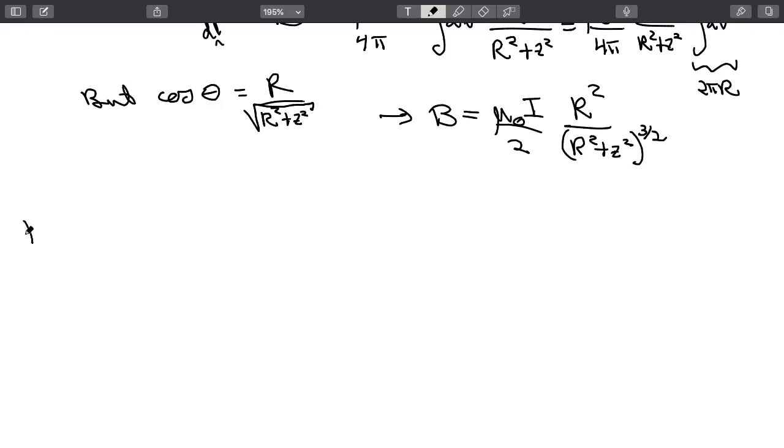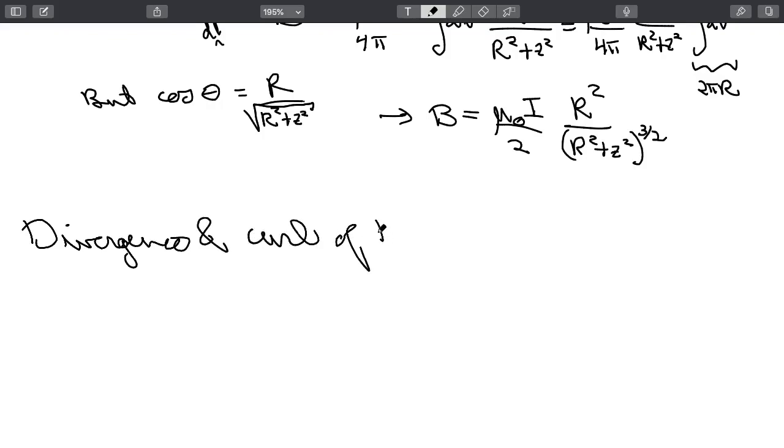So let's study the divergence and the curl of B. And the cleanest way is just to compute it straight from Biot-Savart.